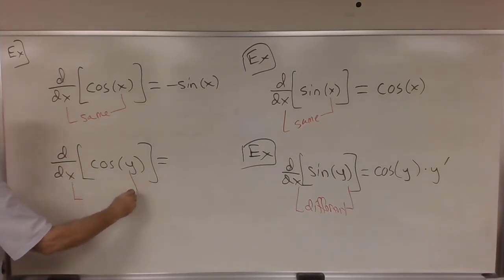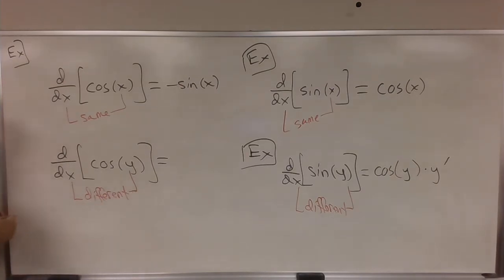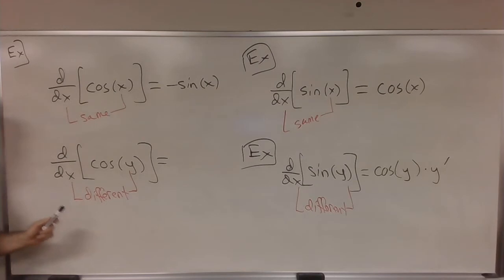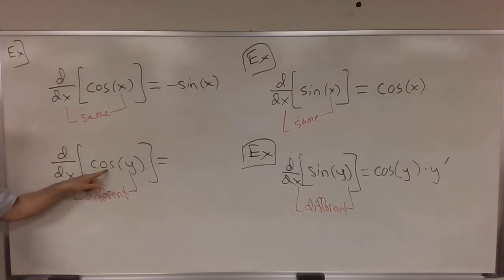The variables are different. So we view y not only as a variable, but also as a function of x. And if y is a function, that means that cosine evaluated at y is a function evaluated at another function.